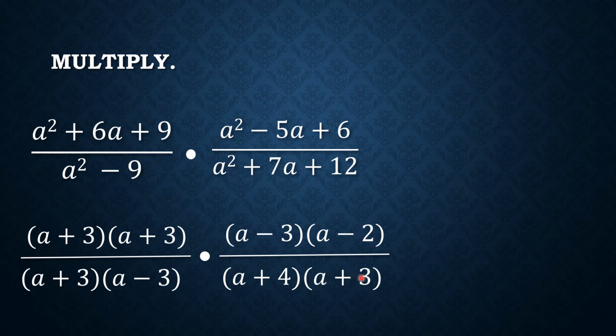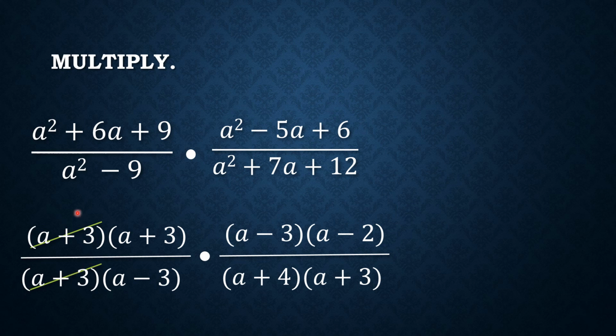Okay? Next process, ito yung pinaka-mas interesting dito. After factoring the numerators and the denominators, we can now simplify this one by canceling all common factors sa numerator and denominator. If we look at a plus 3, may makakancel tayo a plus 3 and a plus 3. Okay? Take note, you have to remember this, that a plus 3 divided by a plus 3 is 1.